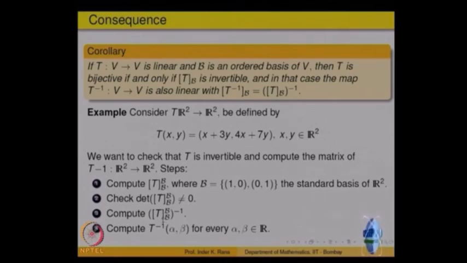And if the determinant is not 0, you can find the inverse of that matrix using our techniques, either by reduced row echelon form or by the adjoint method, and then using that matrix you can write down the formula for T inverse of a vector by matrix multiplication, as we did last. So, this is matrices and linear transformations. Okay.